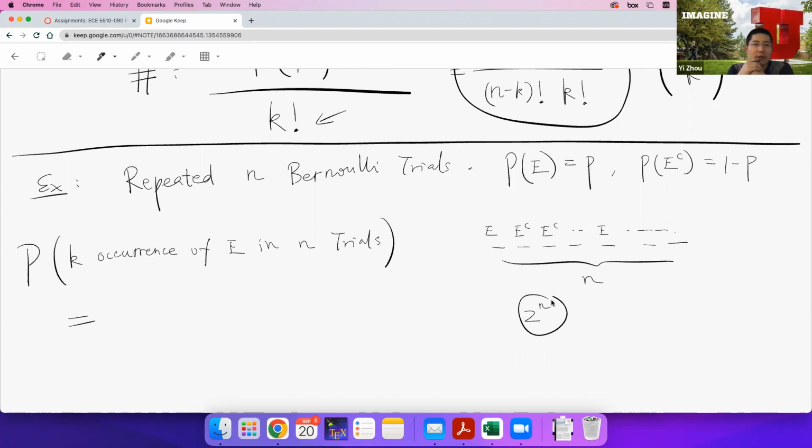And we want to look at what is the probability that among these N trials, we will observe exactly K occurrence of the event E. Okay, we have K of them. And for E complement, we have N minus K, right? So in total, we have N trials. If we observe K E's, then we will observe N minus K E complement.